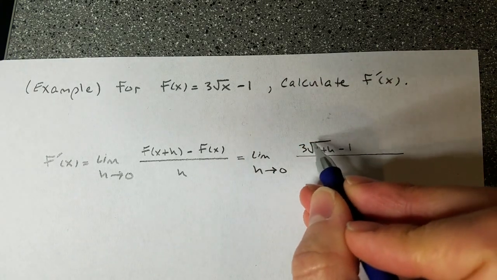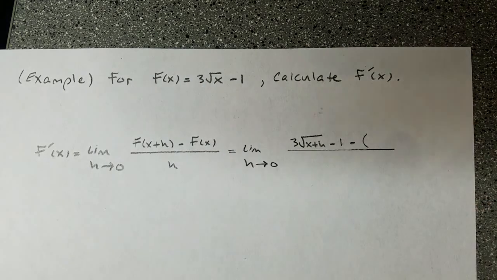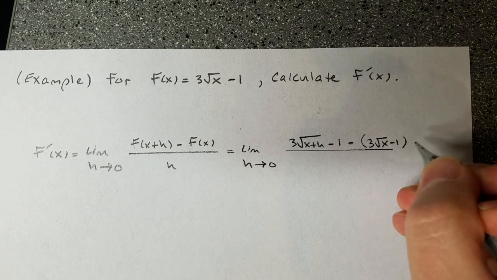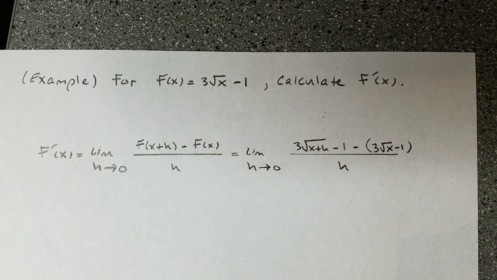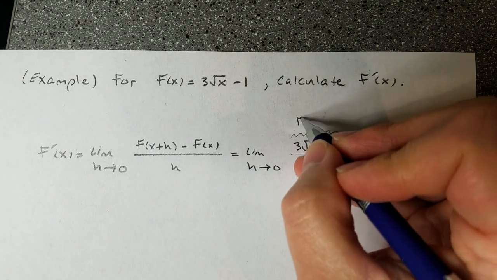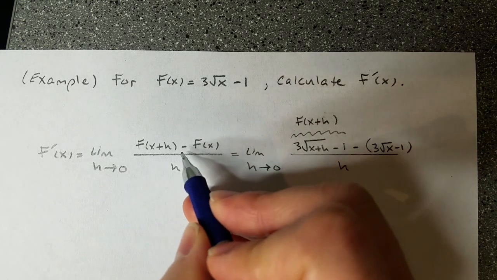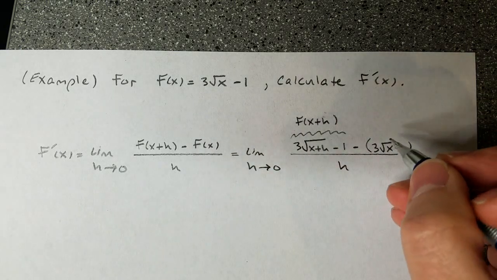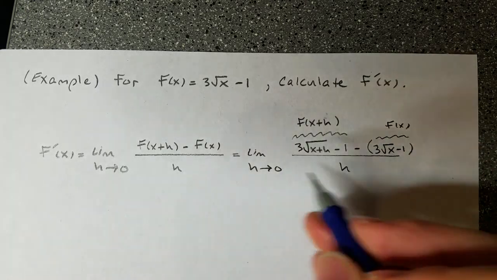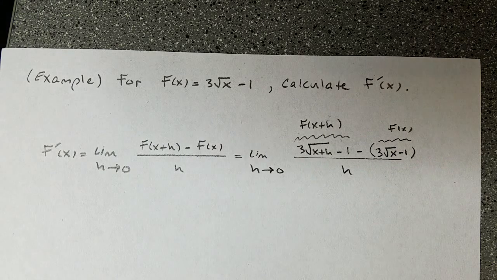So there's f of x plus h right there, minus f of x, over h. So this part right here, that's f of x plus h. This is obviously that minus that, built into the formula. And this part right here, that's f of x. Okay, do you see everything here matches up with that one?